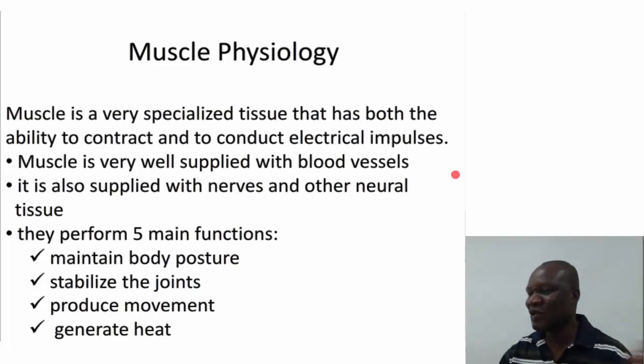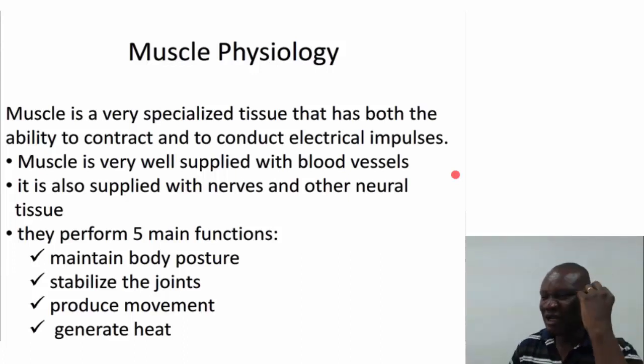This morning we're going to look at muscle physiology. It's the third group of excitable tissues. We mentioned that the excitable tissues are the nervous tissue, the sensory receptors, and the muscle tissue.